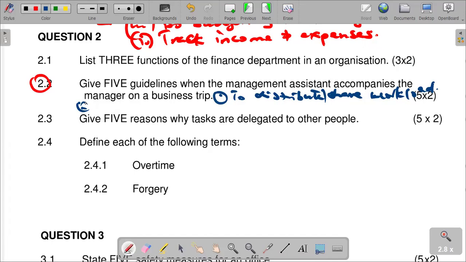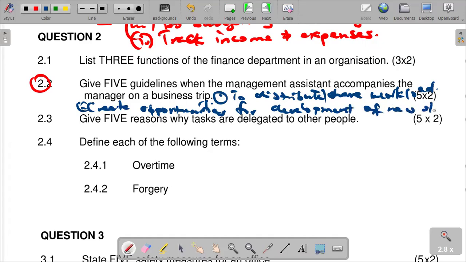Delegation can also be done to create opportunities for the development of new skills.